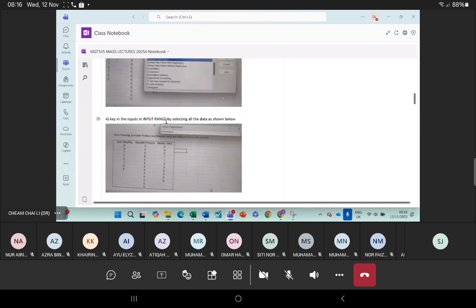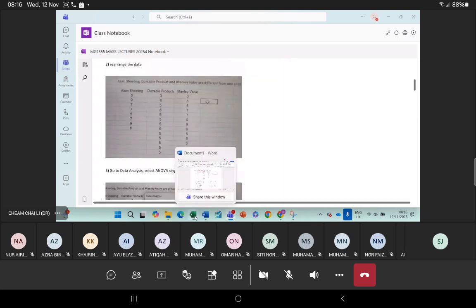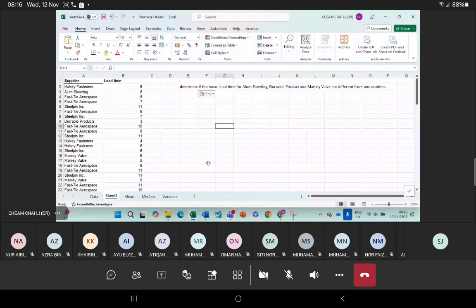Okay, let me demonstrate the hands-on, because previously, last class, you just looked at the steps in the picture. First you need to sort according to the supplier's name, right? To do this, go to Data and then click this Sort.